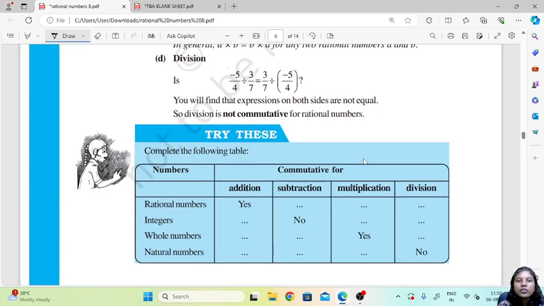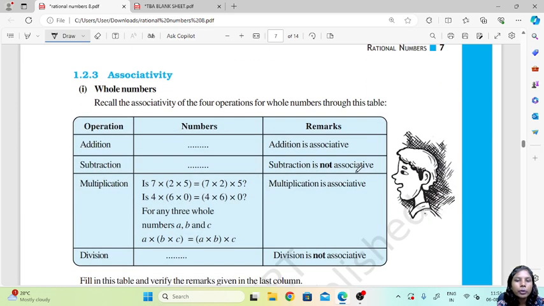Division, it is very easy to see that it won't be commutative. Minus 5 upon 4 divided by 3 upon 7. This won't be commutative the other way round, because the minute you reverse the order, the results will differ. So therefore division is not commutative.